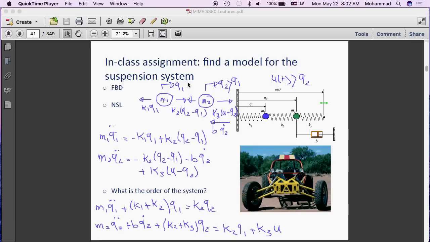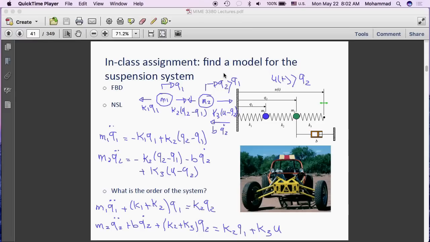Now, this assumption is neither right or wrong, it's just an assumption. But as soon as you make that assumption, you can't flip that assumption throughout the solution of the problem. So as soon as you decided or assumed that q2 is larger than q1, it stays like that for the entire solution of the problem.